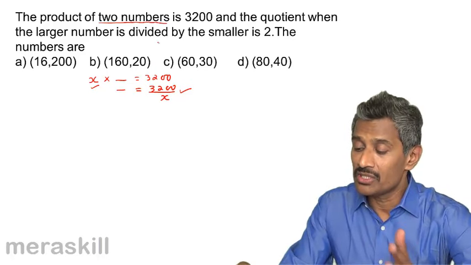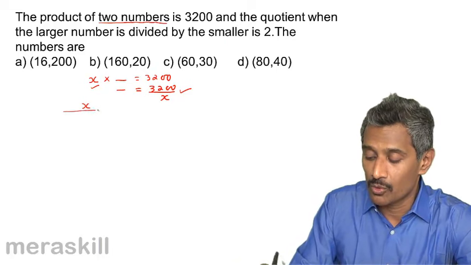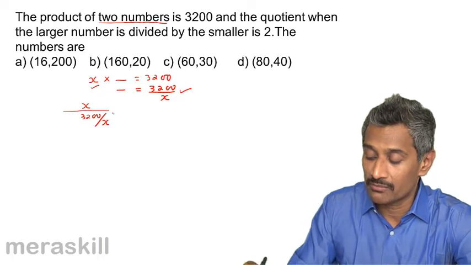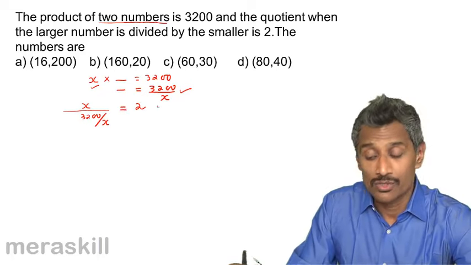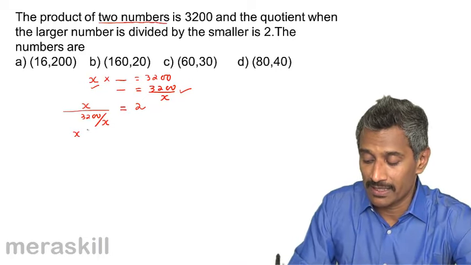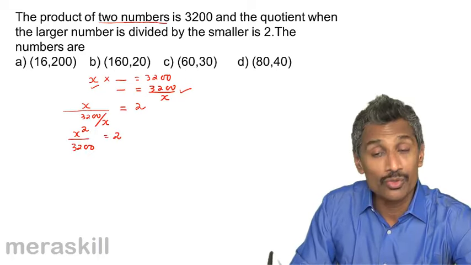When the larger number is divided by the smaller number, x divided by 3200 by x, we get the quotient as 2, which means x into x by 3200, which is x square upon 3200, is equal to 2.